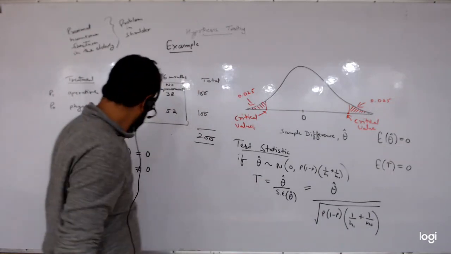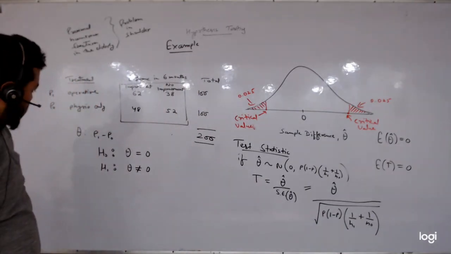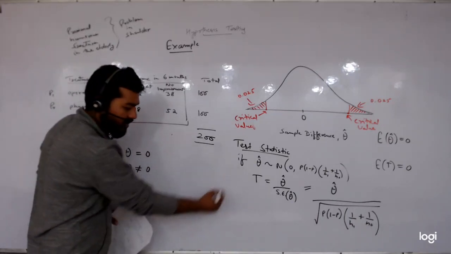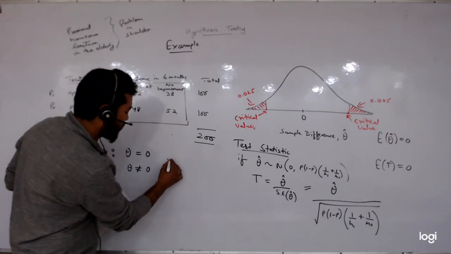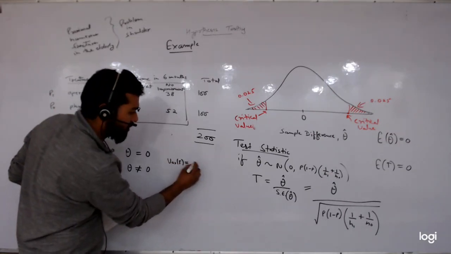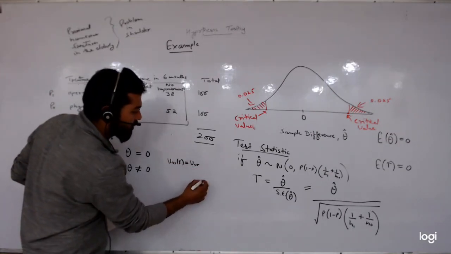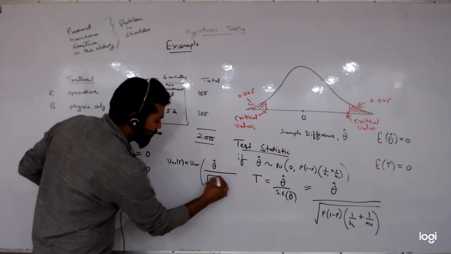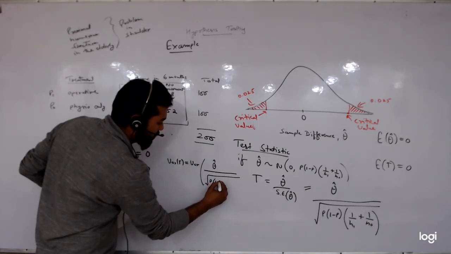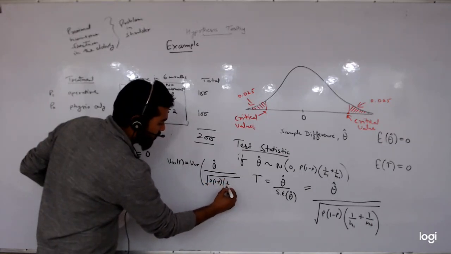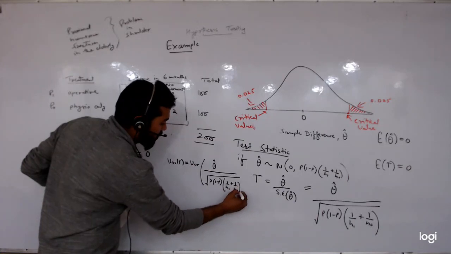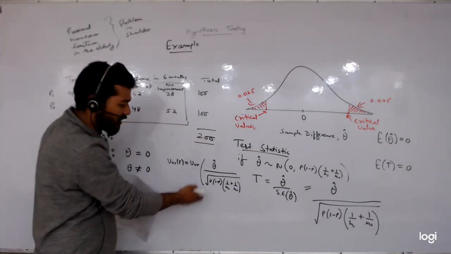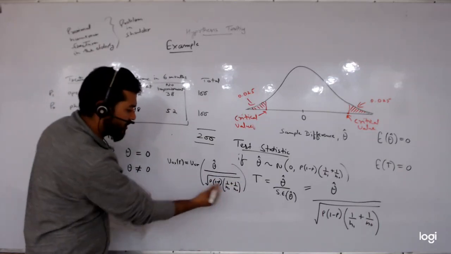I'm running out of space, so let me not rub this, let me use this small space for this. We need the variance of t, which would be the variance of theta caret divided by the square root of p into 1 minus p times 1 by n1 plus 1 by n naught. This is just a constant. After you've calculated this, it becomes a constant.